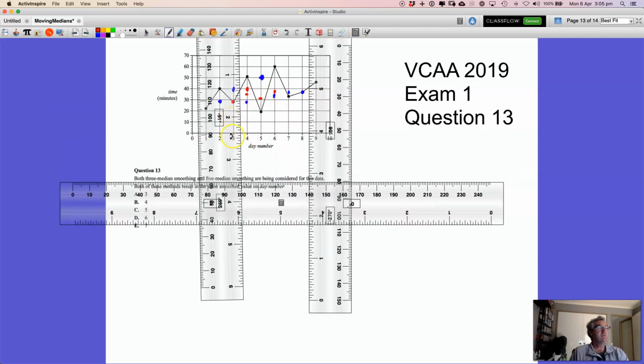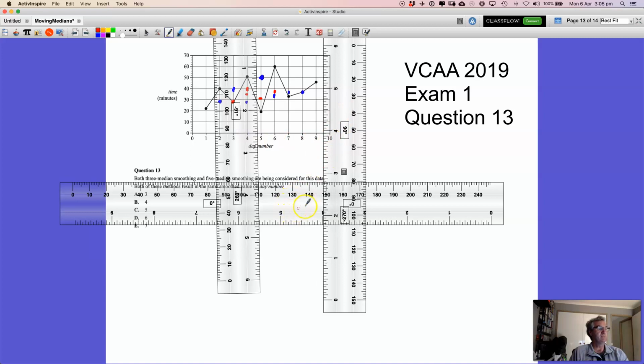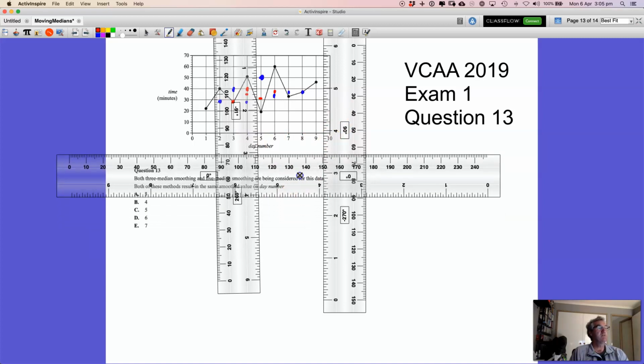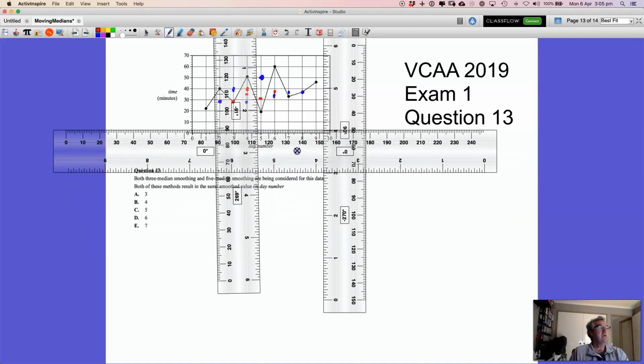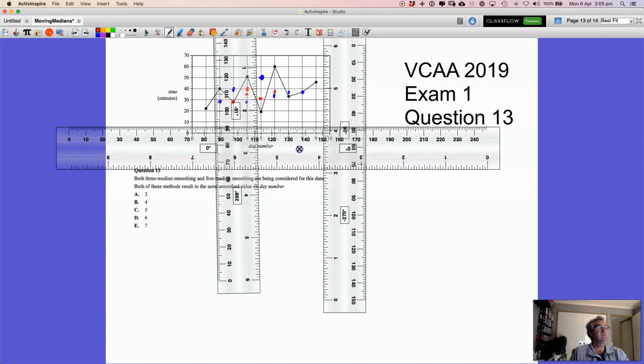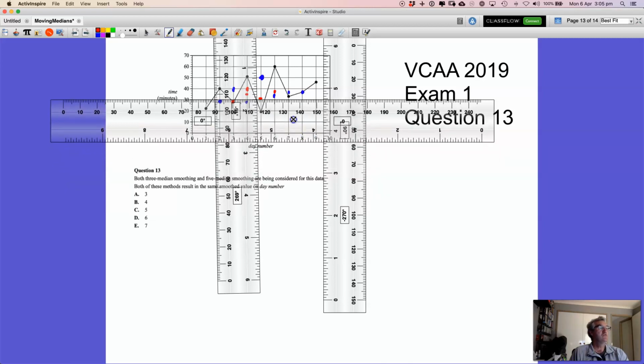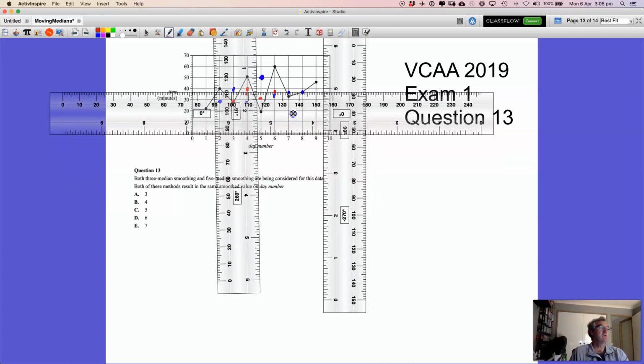Now move across another one. 1, 2. And moving the rulers up. Again, I'm looking for my last one, which is the 7th. 1, 2, 3.